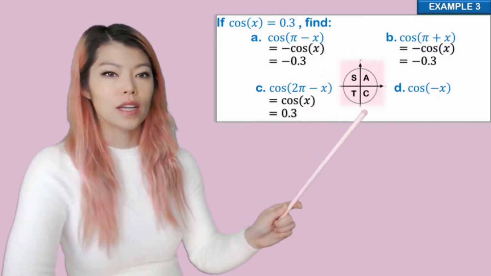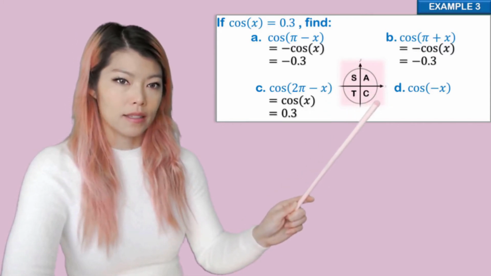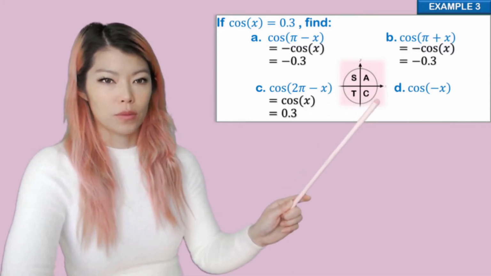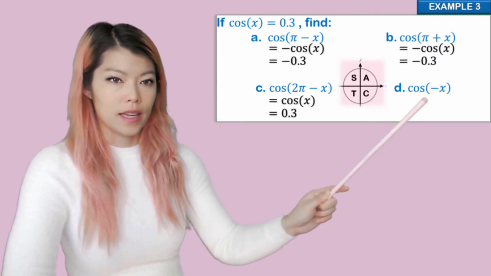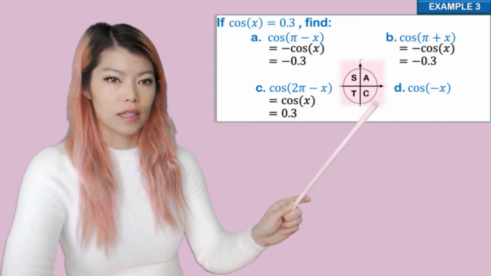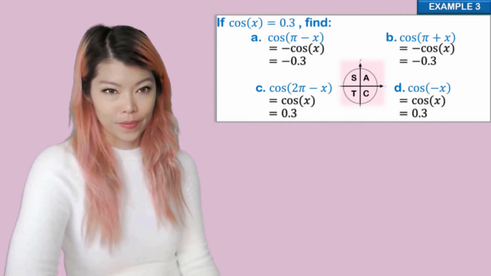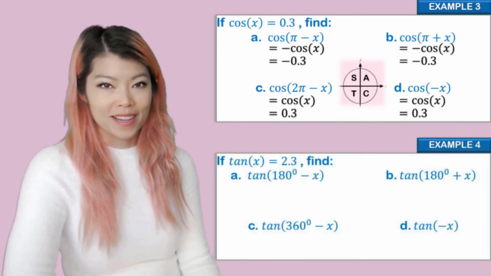You can either look at your x and y as cos and sine, or remember ASTC to quickly view whether you're going to be positive or negative. Again, cos of negative x means we're here, so it's the same as cos x, which is positive, so 0.3.